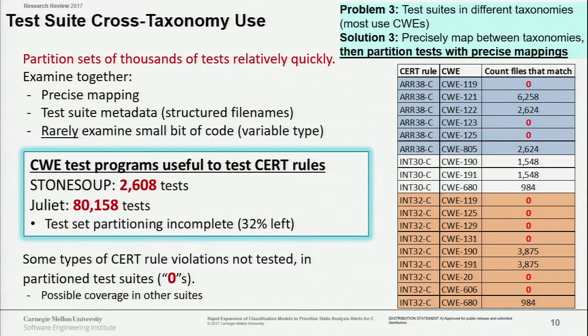You can see that for some of the CWE mappings, we were able to use thousands of test suite tests, but for other mappings, there were 0 files from the test suite we could match. So we expect that the classifiers we develop for the CERT coding rules will be missing some features, even though, for free, sort of, we'll have developed a lot of data for the CERT coding rule.